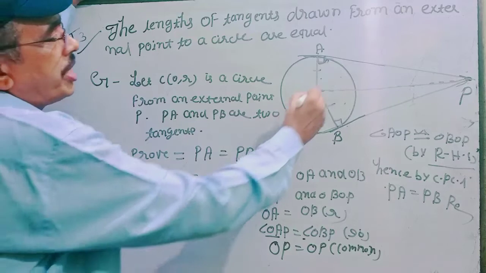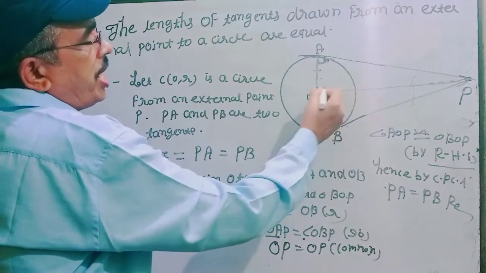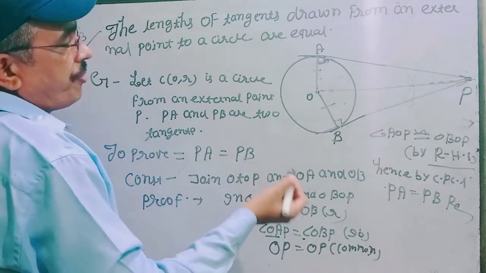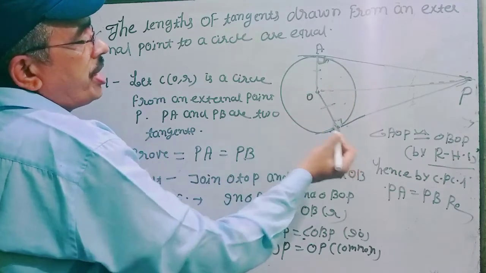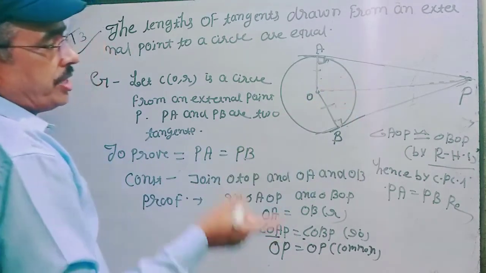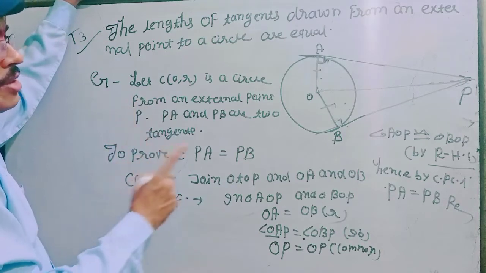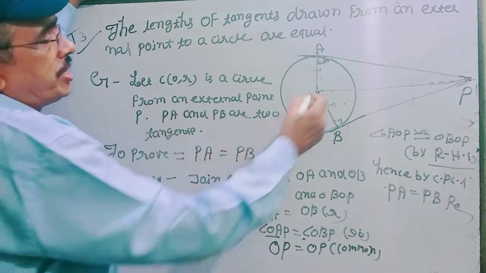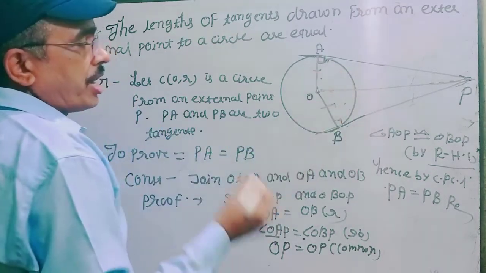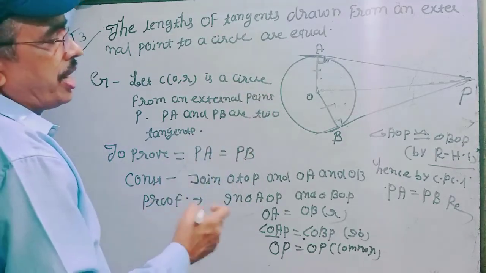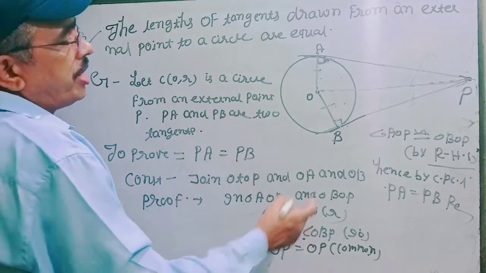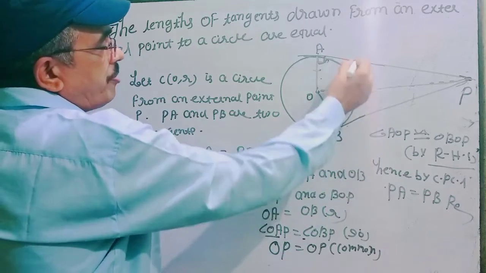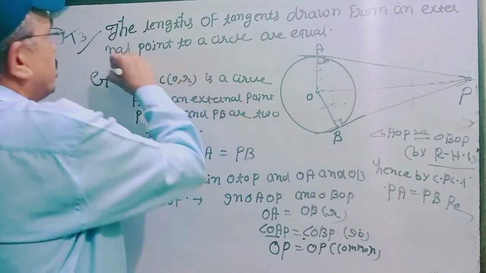So we join the radius to the point of contact and also join OP. Then after joining OP, you get two triangles, and then find the congruency relation between them, and you get by RHS both triangles are congruent. If both triangles are congruent, then it is clear you can write PA is equal to PB. So it is the third theorem.